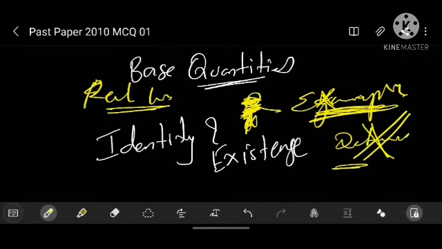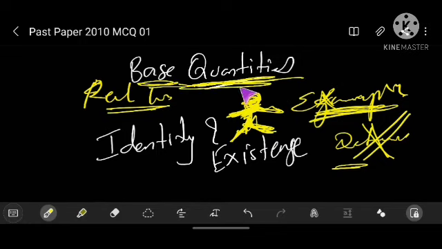The dimension of a body means how it is relatable in terms of base quantities. So when we define the dimension of a quantity, we generally define its identity and existence.